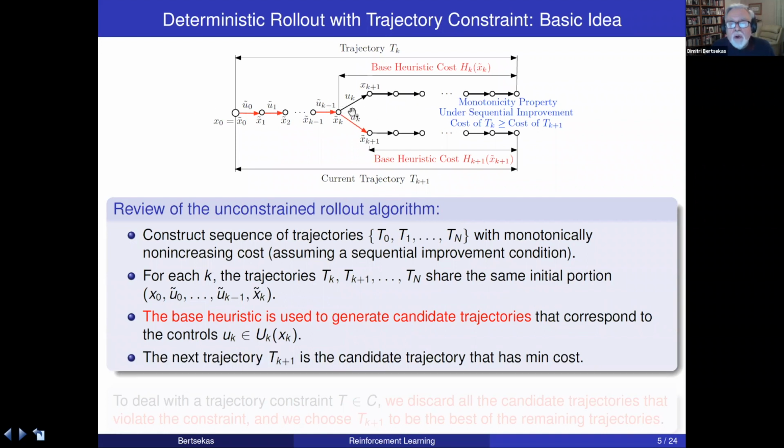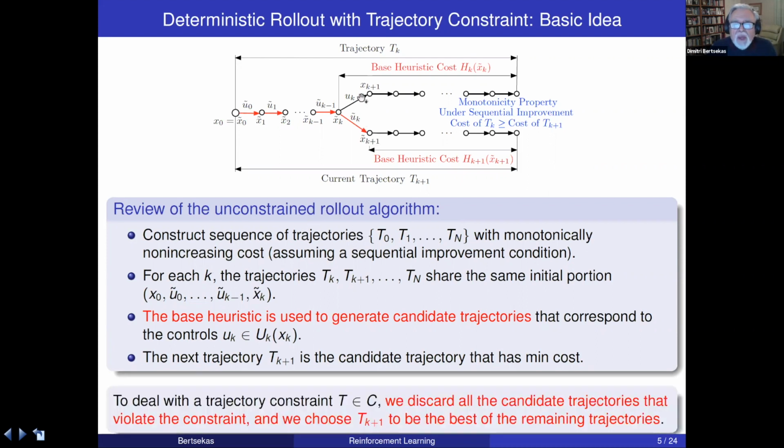Out of all those here, it's the one that has minimum cost: first stage cost plus the cost of the base heuristic. And under the sequential improvement condition, each time the new trajectory is no worse than the preceding one. In particular, the last one, the one obtained by rollout, is no worse than the initial trajectory, which is the trajectory generated by the base heuristic.